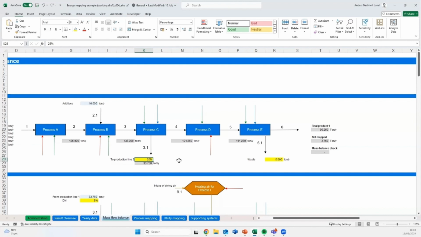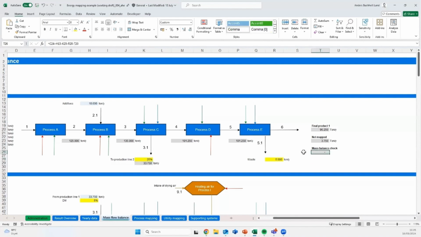And as Anders said, we have some checks, and these checks are just to make sure how good we are at accounting for our mass balance. So the mass balance check, as Anders mentioned, is just checking whether all the inputs are equal to all the outputs of the system that we have designed here.